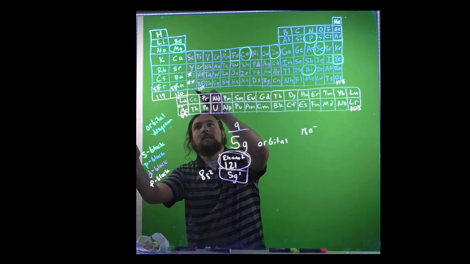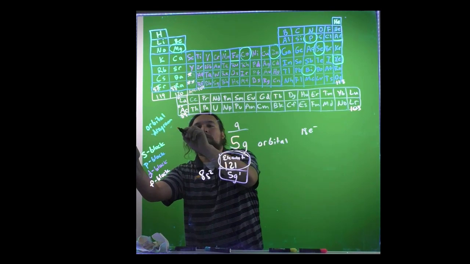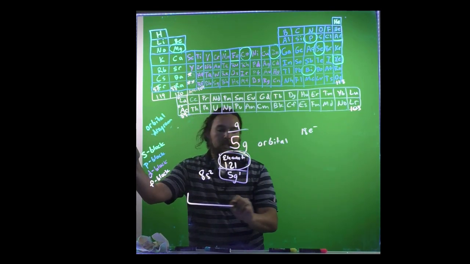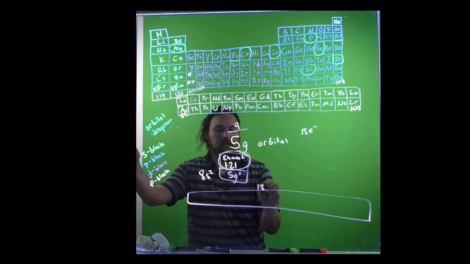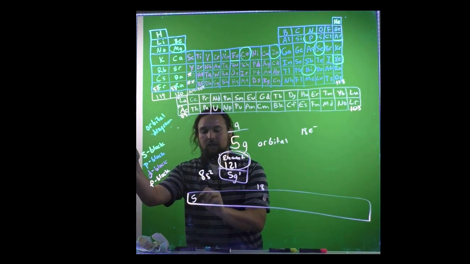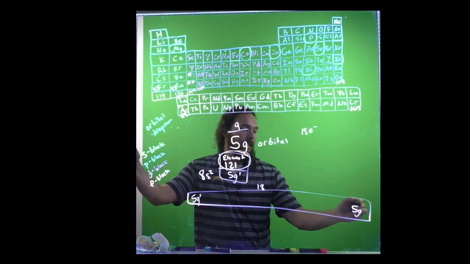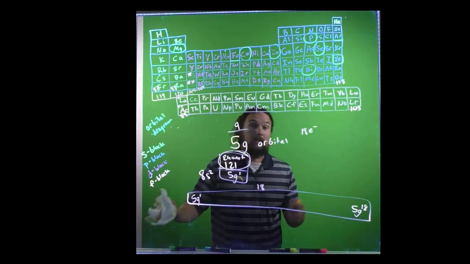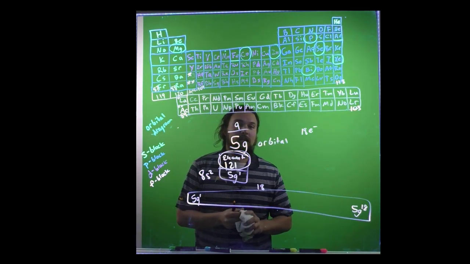So I would have a third star here where we would have a row of 18 elements. So there'd be 18 of these, and the first one would be 5G1 all the way up to 5G18.